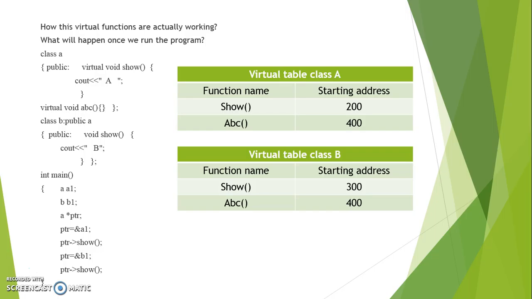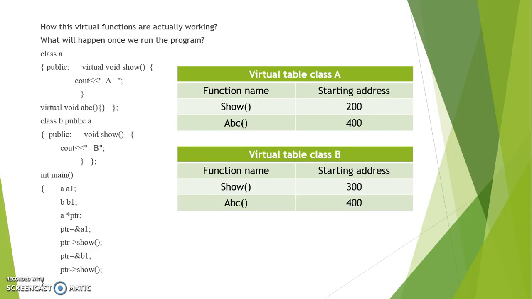Is the size of the class increased when we have virtual functions? Yes, it is increased, but not by the size of the functions. If you have a virtual function in a class, the size of your class will be increased by 2 or 4 bytes, based on a 32 or 64-bit compiler.